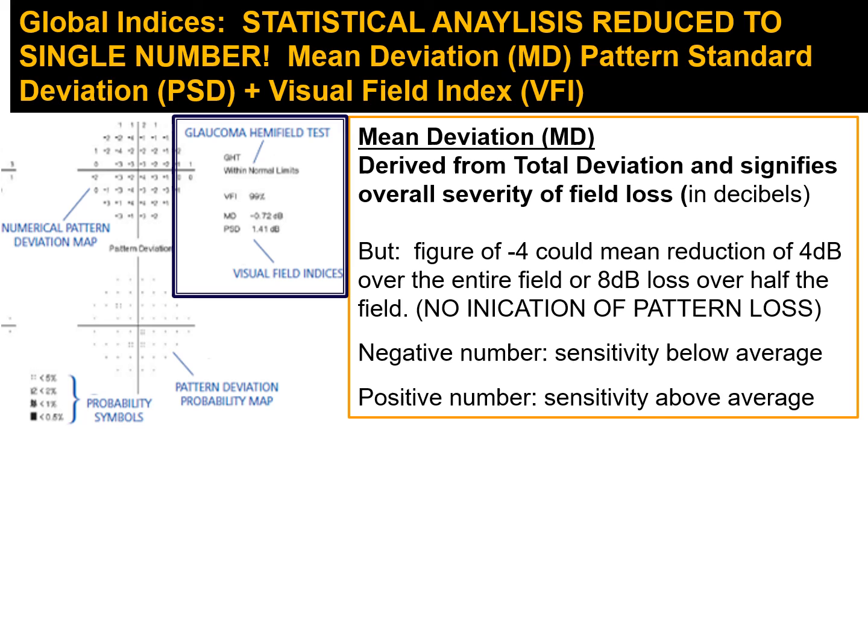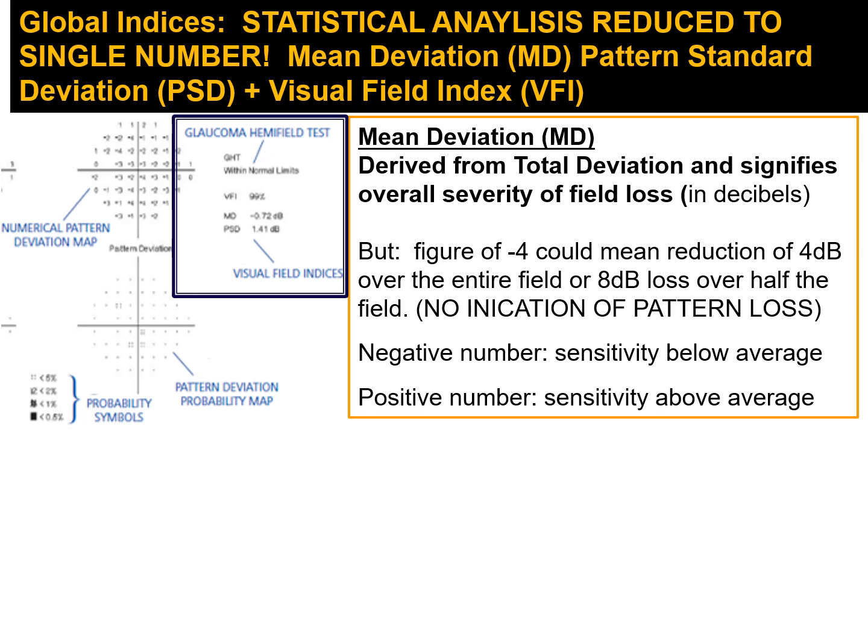But you've got to remember, it's an overall thing. It's not showing pattern. So a figure of -4 could mean a reduction of 4 decibels over the entire field, or 8 decibels across half the field. So it has no indication of pattern loss.